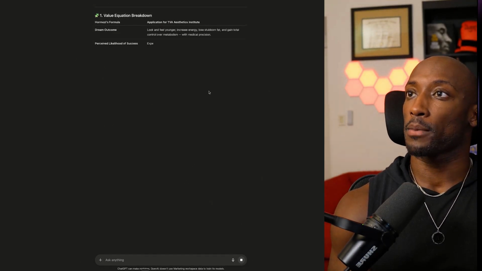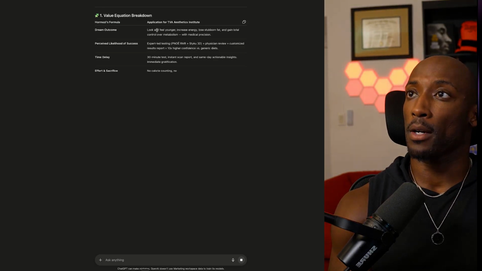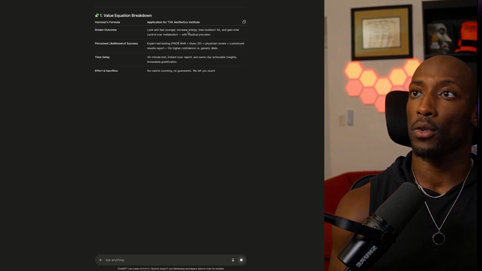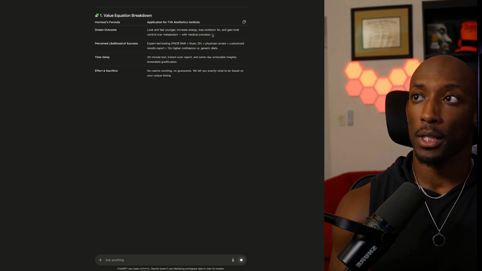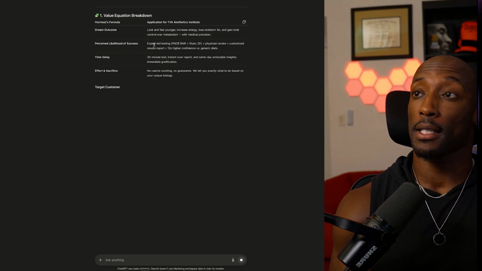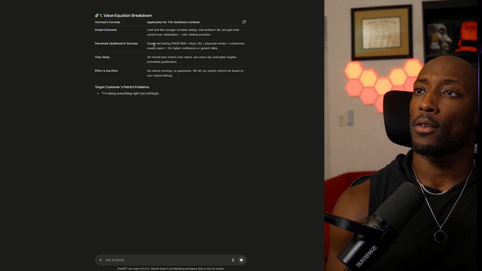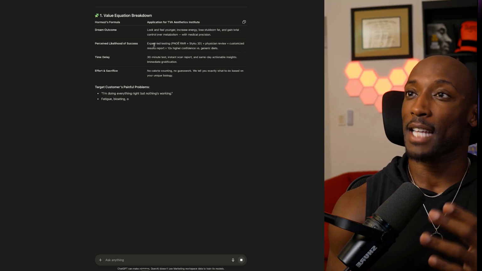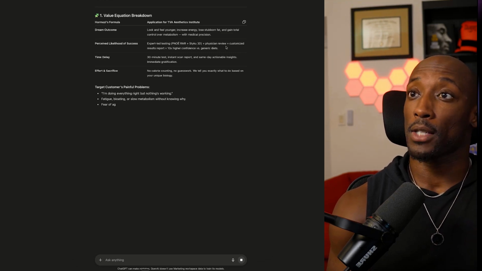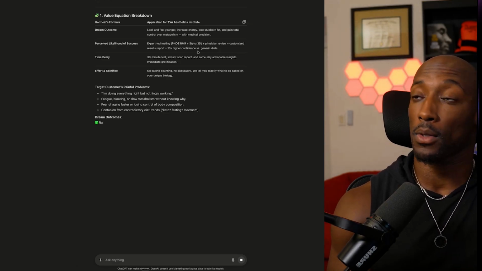And very quickly, you can see the value equation breakdown. The dream outcome is to look and feel younger, increase energy, lose stubborn fat, and gain total control over the metabolism with medical precision. And then the perceived likelihood of success is because you have expert-led PNOE resting metabolic rate testing, STIQ 3D, and physician review plus customized results and reports, equals 10 times higher confidence versus just a generic diet when it comes to losing weight.